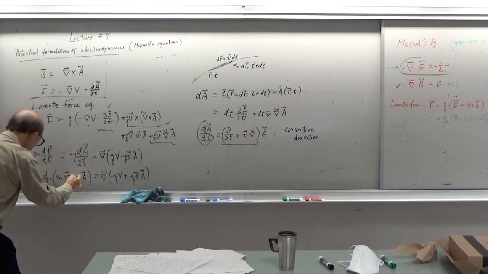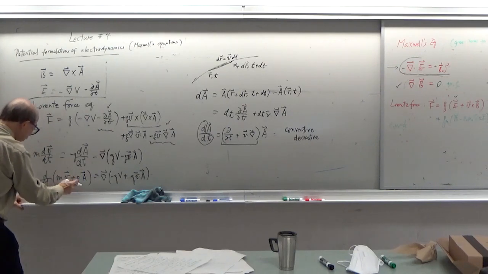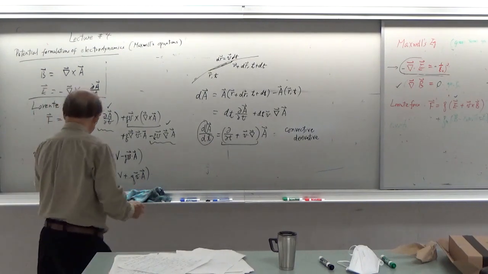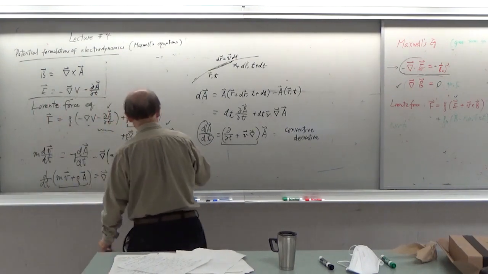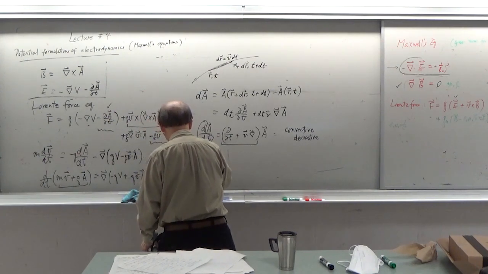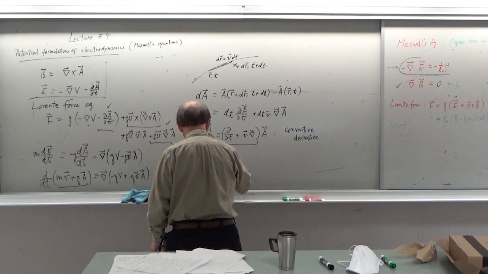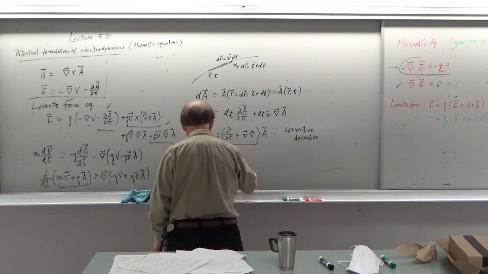This combination of mass times velocity and qA has the meaning of momentum. And this combination is known as canonical momentum. Canonical. What property does it have?